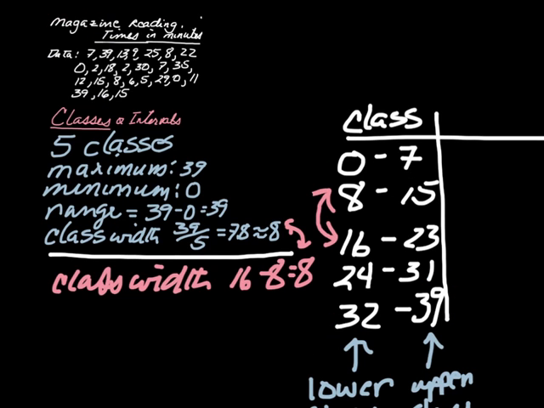So what I've done now is bring our data back in so we can see it, and we want to keep track of the data to find what is called our frequency. We're going to use a tally system. Given these intervals, I just want to place the numbers in the right interval.